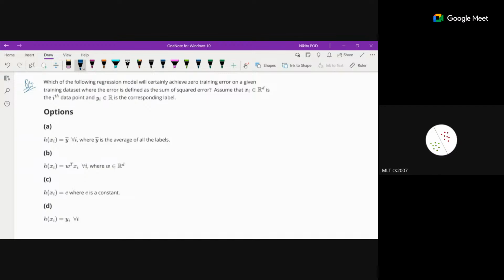Some people are saying B, some are saying D, but D is correct. If we take B, zero training error, you want zero training error only if h of xi is yi. Yes, because it nullifies h of xi minus yi whole squared, summed from 1 to 9. So D is correct.